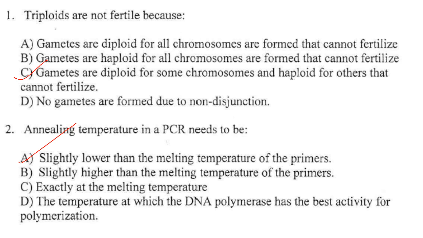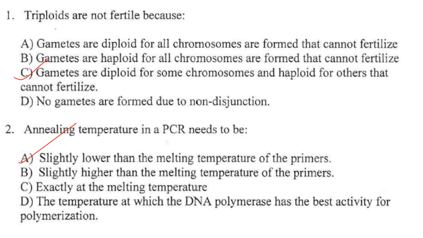Annealing temperature in PCR needs to be. The annealing temperature of a reaction is usually lower than the melting temperature to ensure primer hybridization to the template. If the annealing temperature is too high, the primer will not anneal to the template and amplification will not proceed.